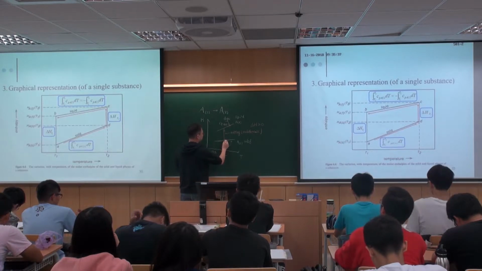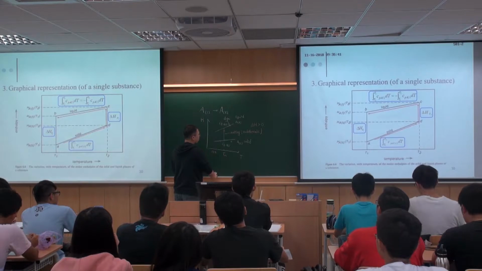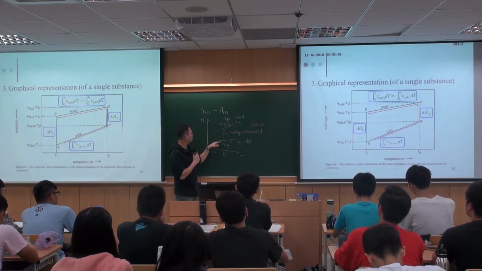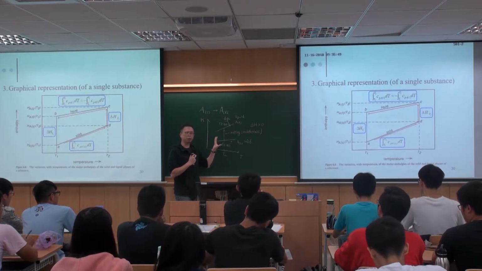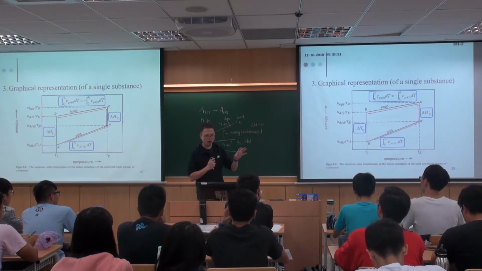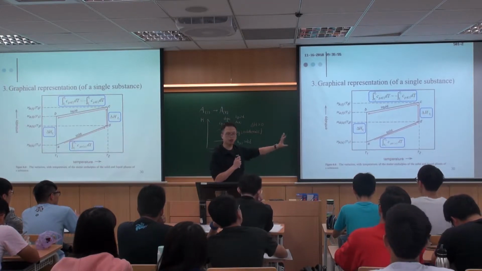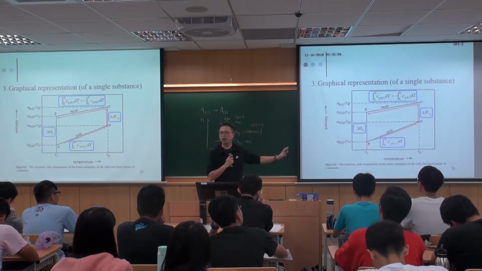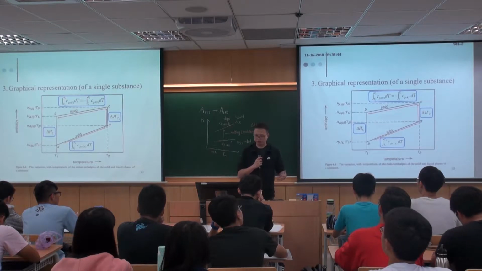And that's also true for solid, that you have a line over here. But in reality, when you're doing an experiment, you will typically see a plot like this, okay? So that's the difference between reality and the plot in the textbook. But this is just an example to show you how to calculate delta H under different temperatures.